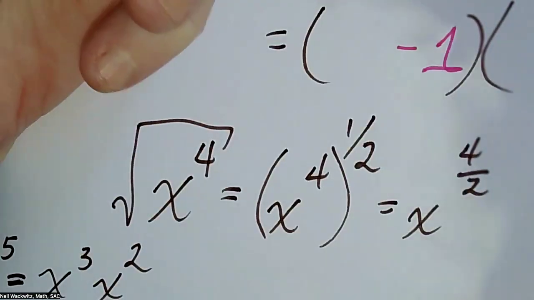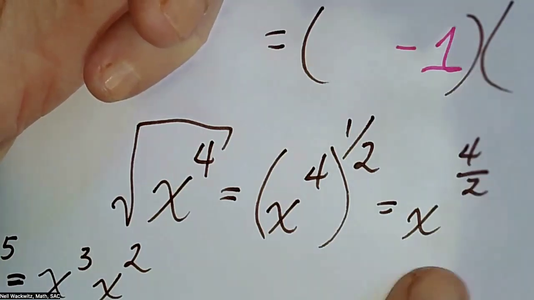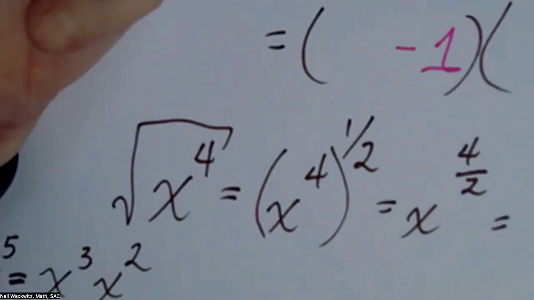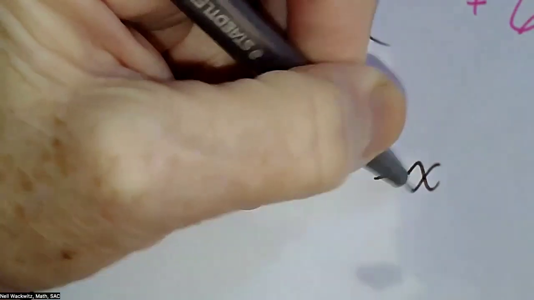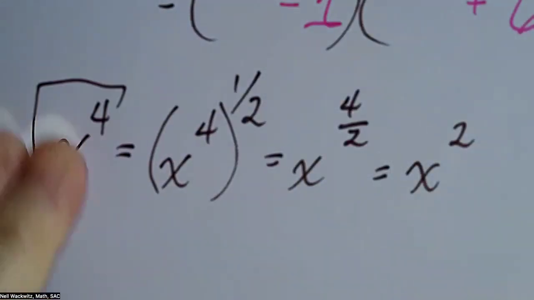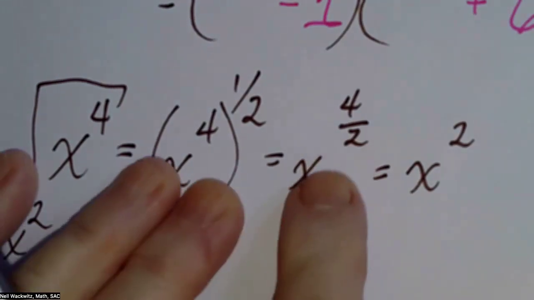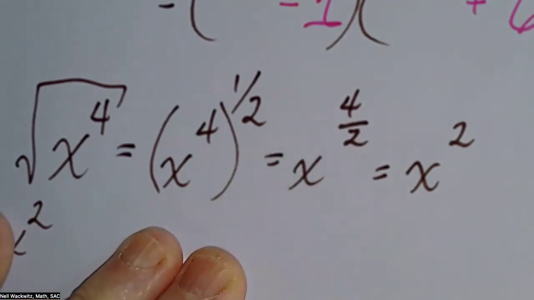So can I write this as 4 times 1/2? Yes. Is that right? And what is 4 divided by 2? 2.